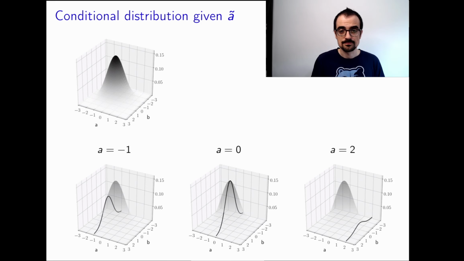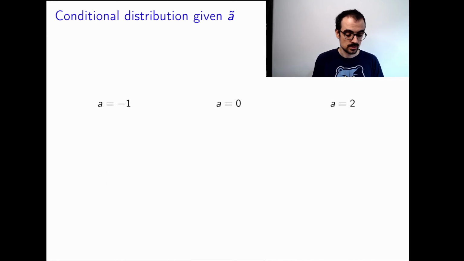And remember that we have to renormalize these, a good review about conditional distributions. We still need to renormalize these so that the area under the 1D curve is equal to 1 and they're valid PDFs. So let me show you what these look like after this normalization.